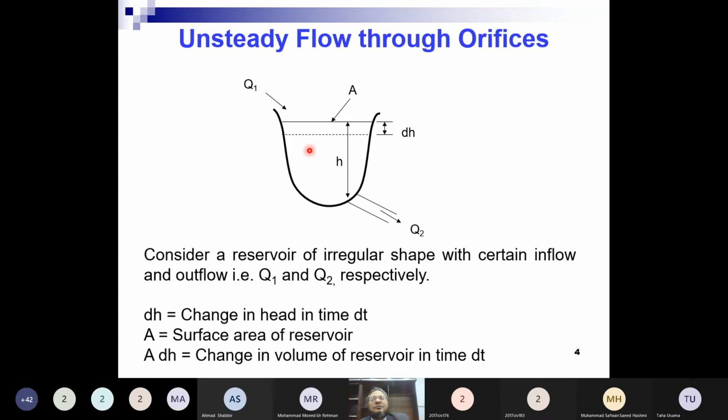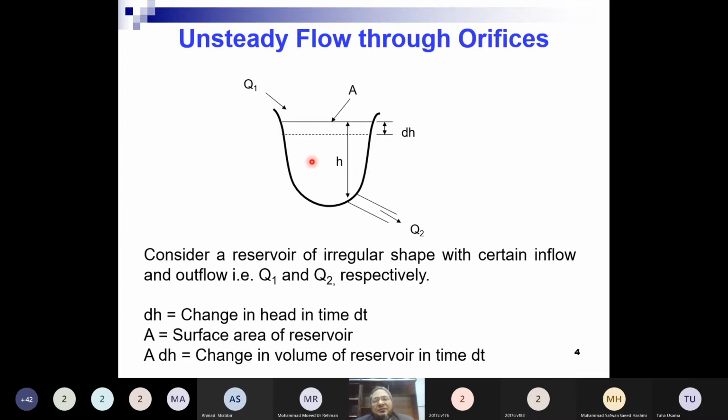So we give inflow to the tank, and also we take outflow from the tank. So overhead tanks are one example of unsteady flow reservoirs. What is another example of reservoirs other than overhead tanks?